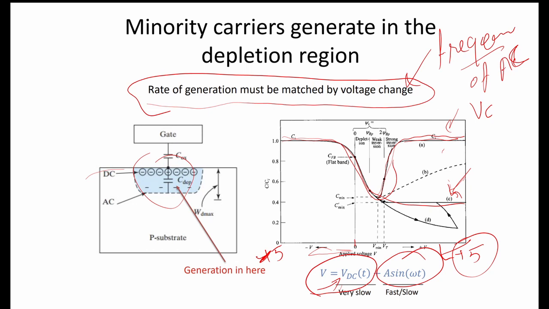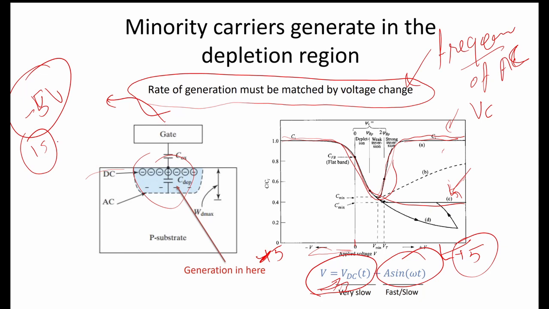So if we have applied minus 5 volts at this junction, we are staying at this point for some time, say once for 1 second.